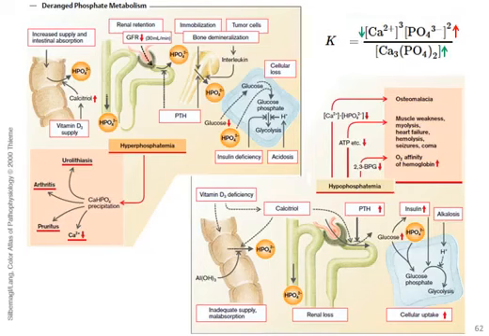Here you can see a summary of phosphate abnormalities. Here, the most important is the calcium complexation process. So when you increase phosphate, since the dissociation constants should remain the same, obviously an increase in phosphate will lead to a decrease in calcium, and this complexation will lead to increased formation of calcium phosphate.